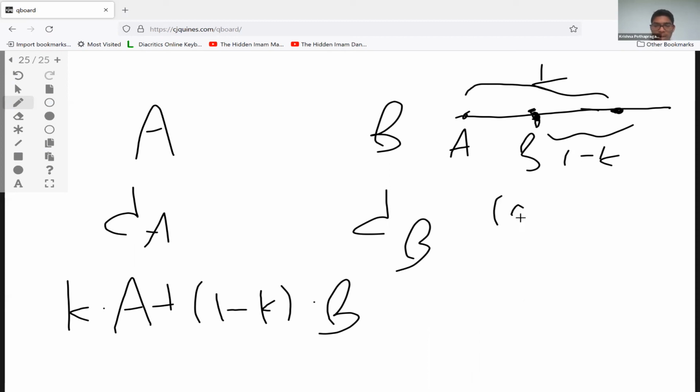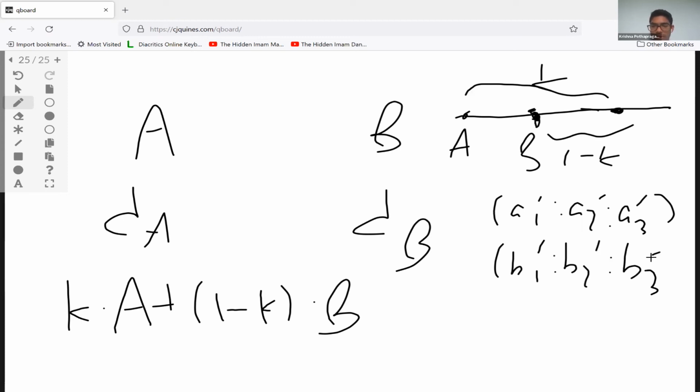Actually, I'll write this out. So A1 prime, A2 prime, A3 prime are the new representations, and B1 prime, B2 prime, B3 prime.